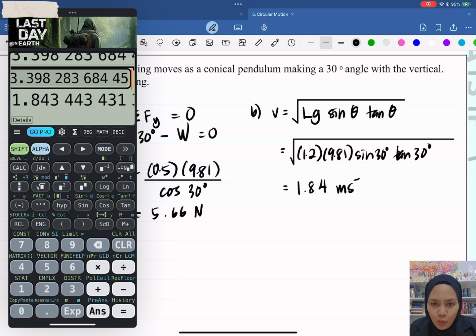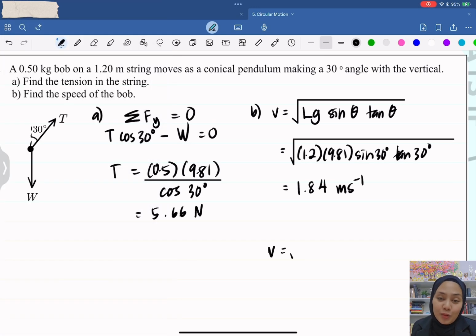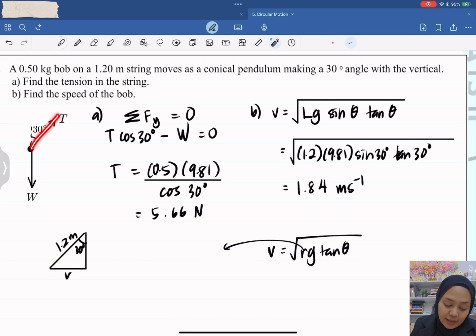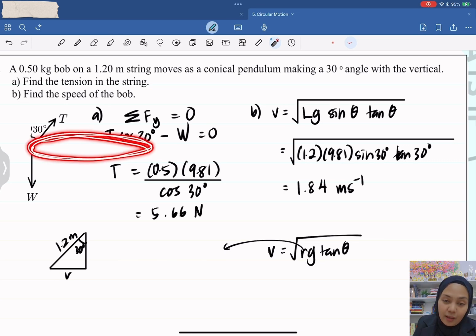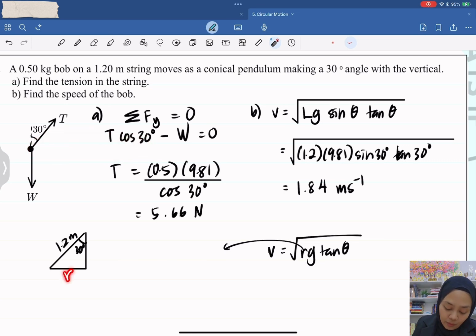But what if I don't want to use this equation? I can also use v equals the square root of r g tan theta, but I have to find the r outside the equation, and it looks like that. You can see that this is the triangle where the angle is 30 degrees, so I'm putting it here. We want to find this one because the circular motion is on the horizontal side, so we have to find the r, and for that we're going to use sine.